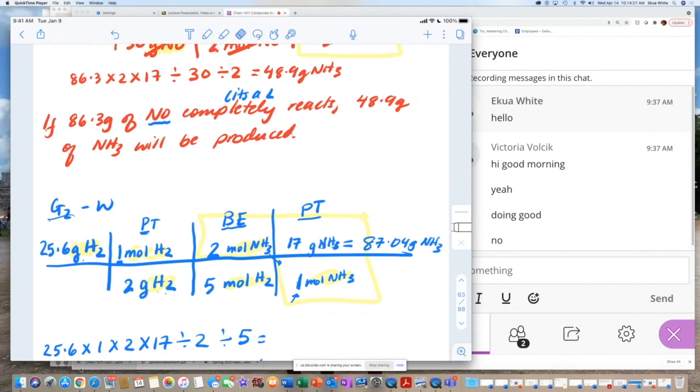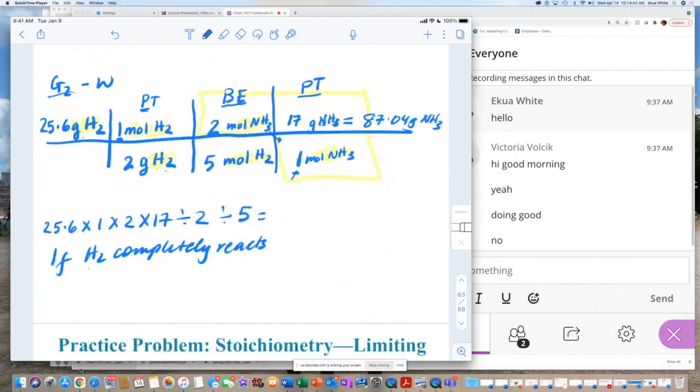I should say that's kind of a conclusion, because the limiting reagent is the only one that completely reacts. So if H2 completely reacts, aka if it is a limiting reagent, then 87.04 grams of NH3 is formed.